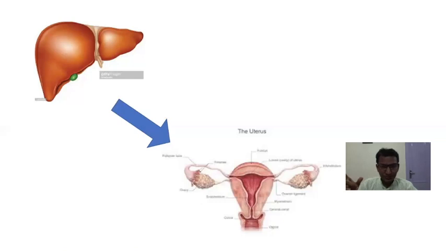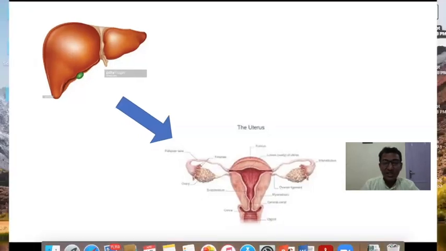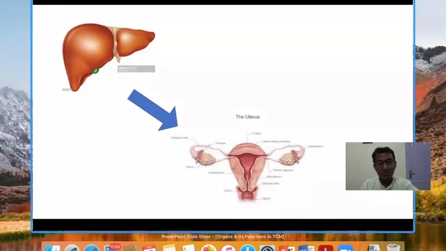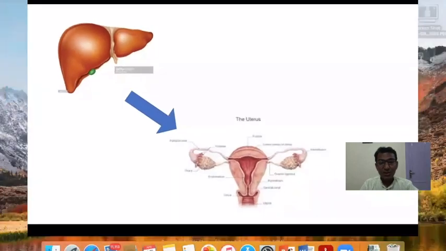How do I do that? So if we see the previous slide which I had shown.